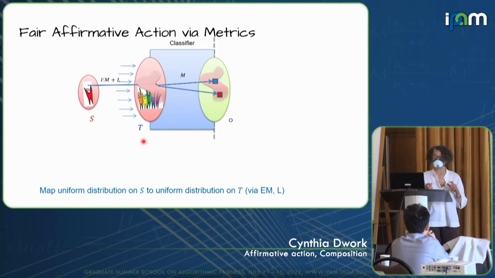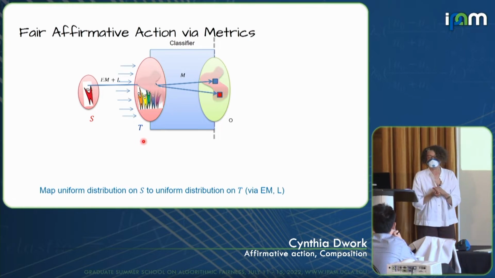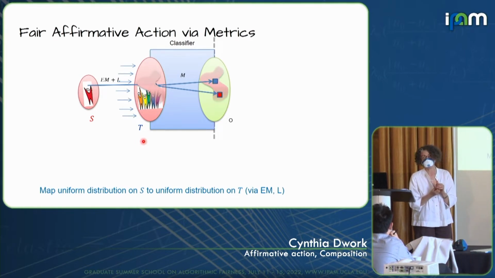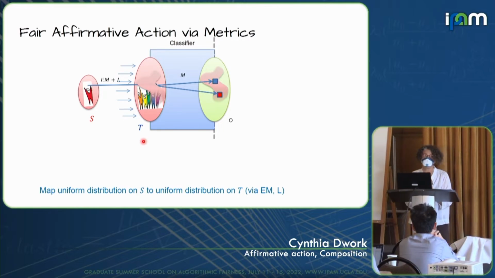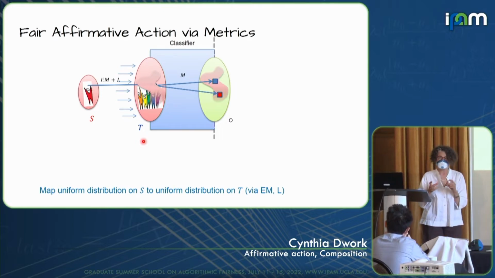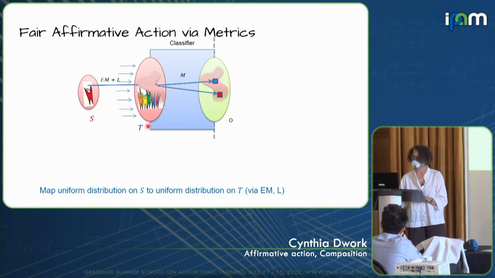Now, why did we map from S to T rather than from T to S? No particular reason. We could have done it the other way. There was a lot of talk a number of years ago about minority populations that were not known well to the businesses.